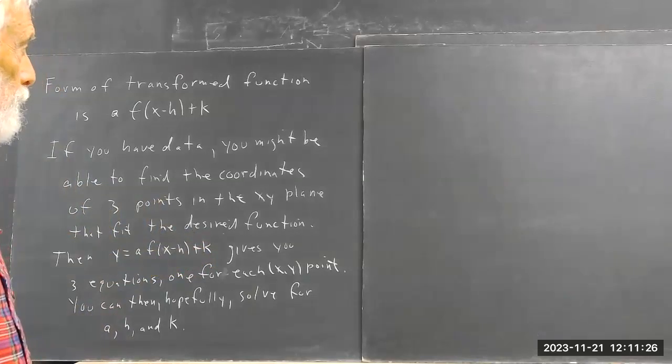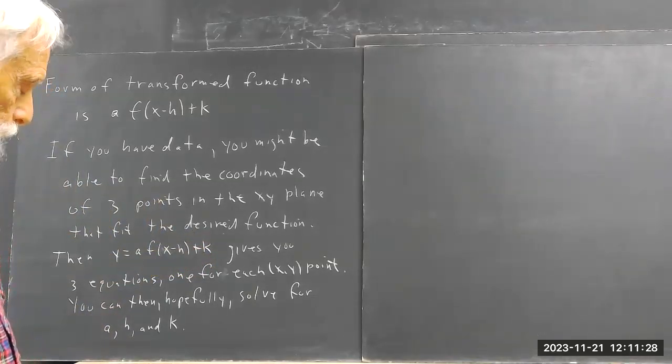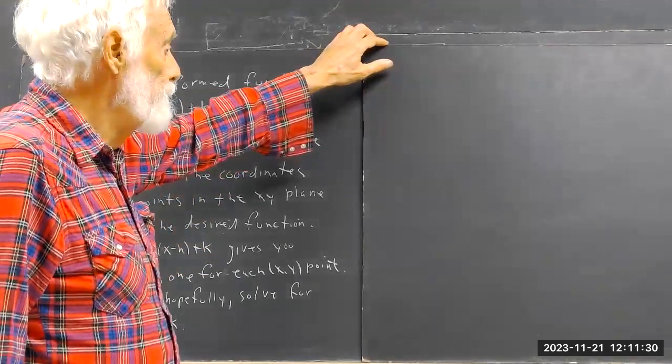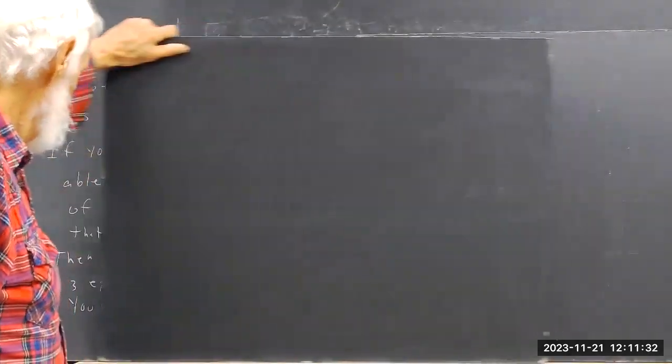That's kind of the overview, but here's kind of what it comes down to. They've got the points 2, 7 and 7, 3.